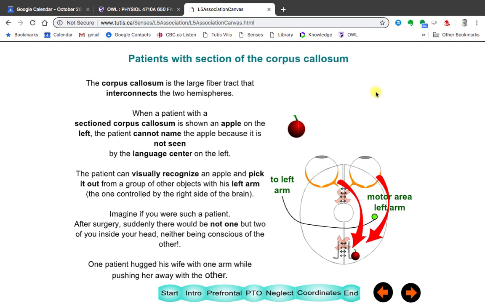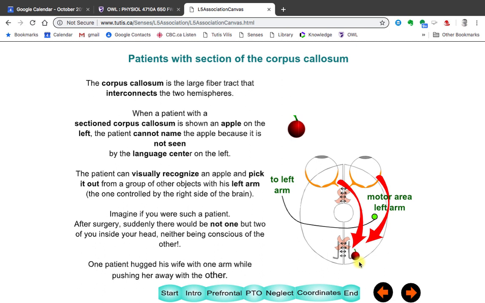Okay, one of the interesting things that has been studied is people that have had their corpus callosums cut. Imagine cutting one half of the brain and separating it from the other. It was done, and is still sometimes done, to relieve epilepsy.